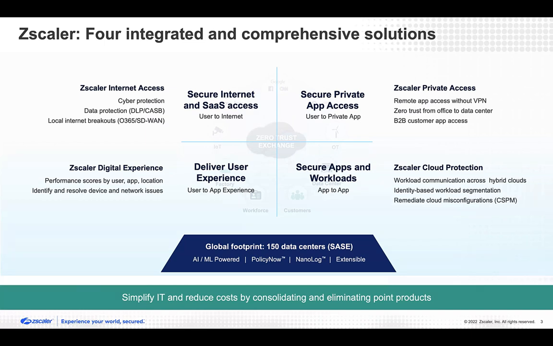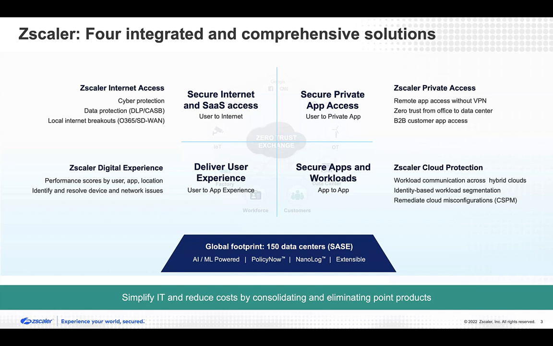And then, last but not least, we also have Zscaler for Workloads. So all your workloads communication across your hybrid clouds, identity-based workload segmentation, everything is taken care of by the Zscaler for Workloads application. Now, one of the new breeds of products that we have released in the last couple of years is the Zscaler Digital Experience product.